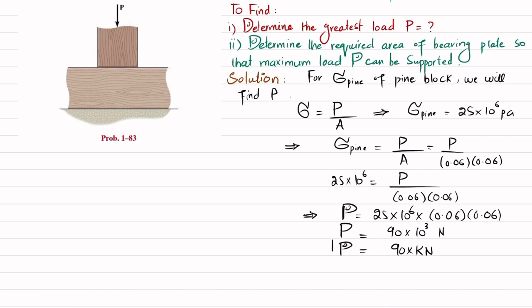Now this P is calculated based on the allowable bearing stress of pine. Now we will find this P for the allowable bearing stress of oak.